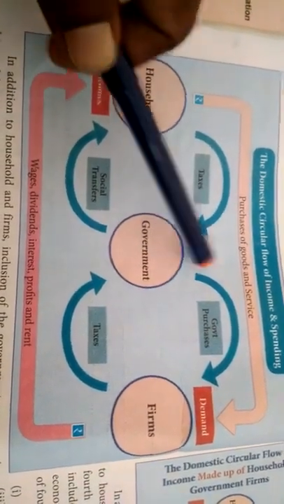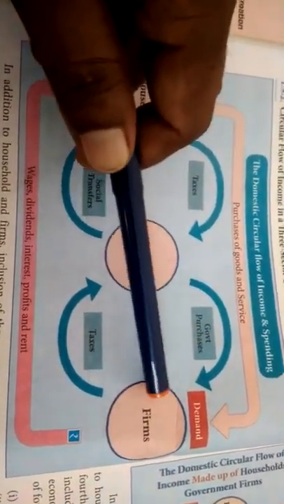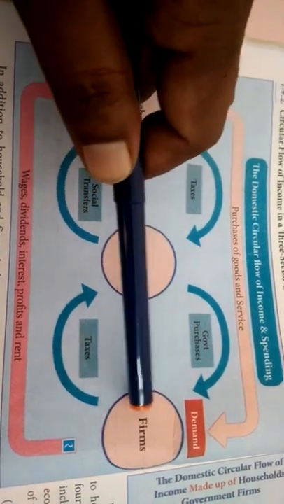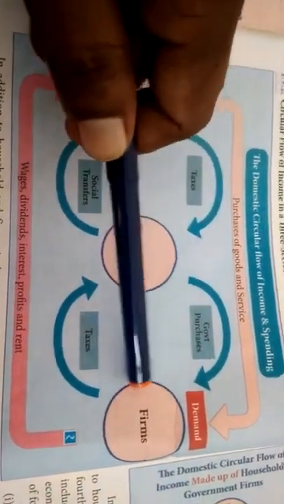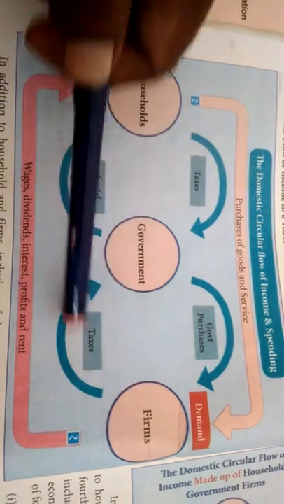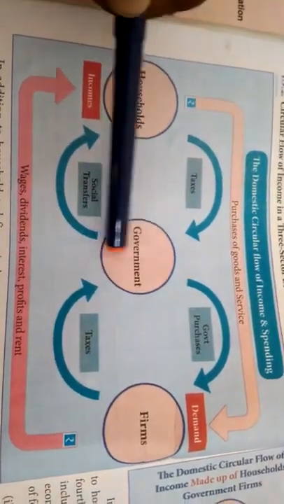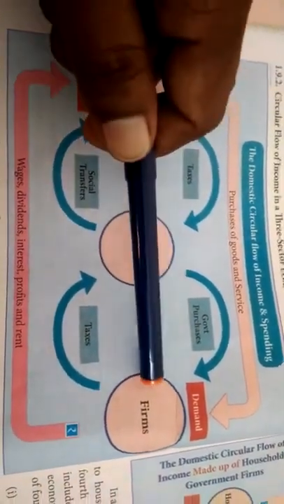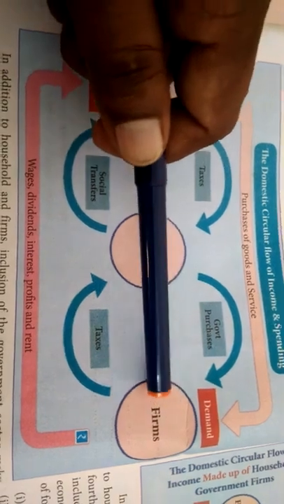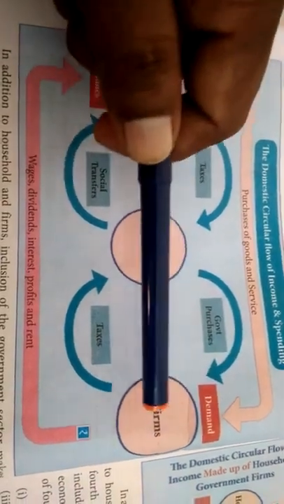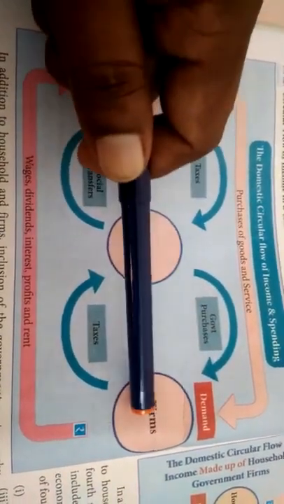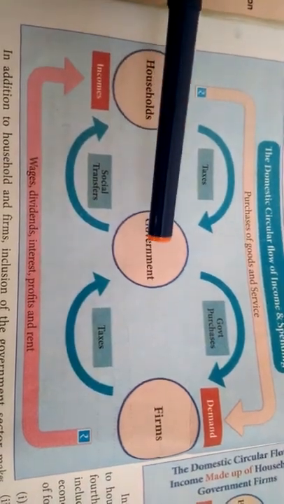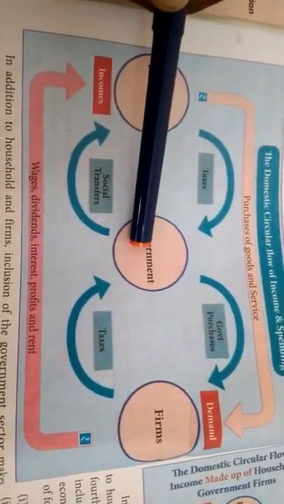So the government also spends money to purchase some commodities from the firms. Likewise, the firms also have to pay tax to the government. For production, distribution, income and manufacture, different types of tax are paid by the firms to the government.